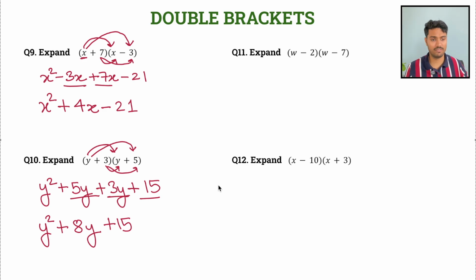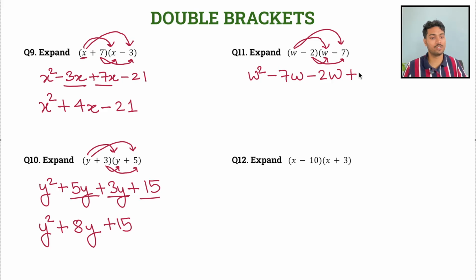Let's move on to question number 11. w minus 2, w minus 7. So w multiply w minus 2, w minus 7. So w into w, w square, w into minus 7, minus 7w, minus 2 into w, minus 2w, minus 2 into minus 7, minus minus plus, so plus 14.